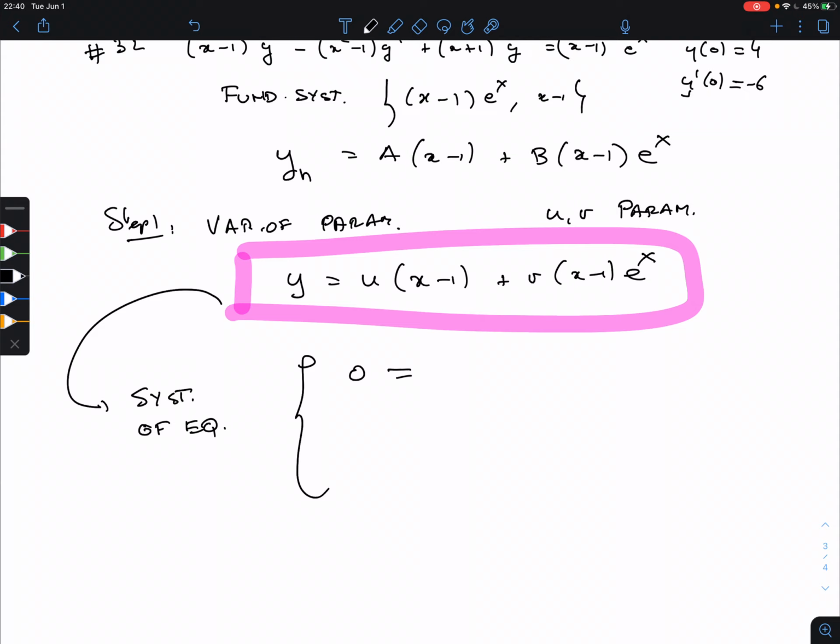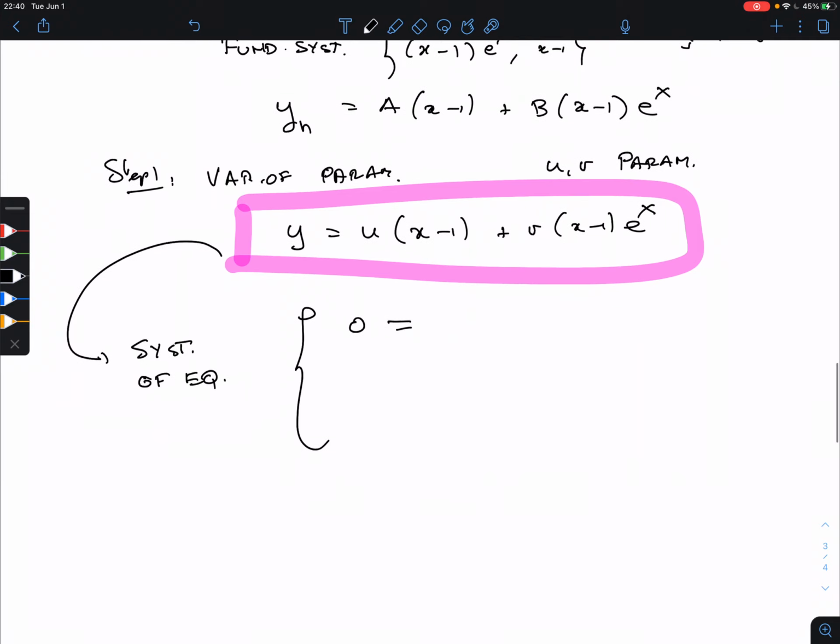You're saying, okay, that's one option I have, putting one of these to 0, but the option I'm going for is that u prime and v prime satisfy an additional equation. In other words, I replace u and v by their derivatives. That's not the same thing as taking the derivative of this thing, because then I would also have to take the derivative of these other factors, but I'm not doing that.